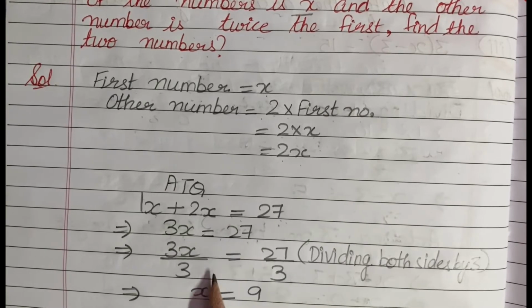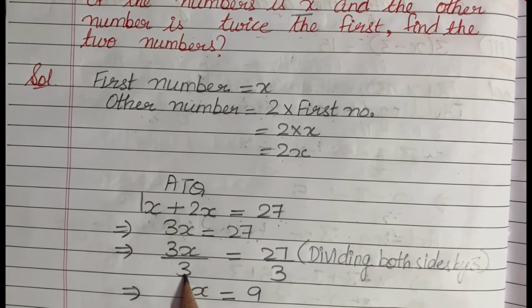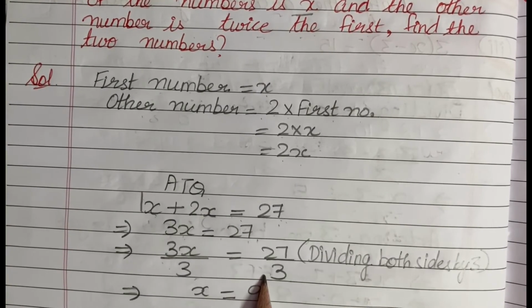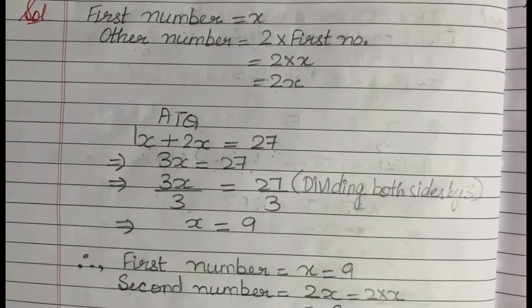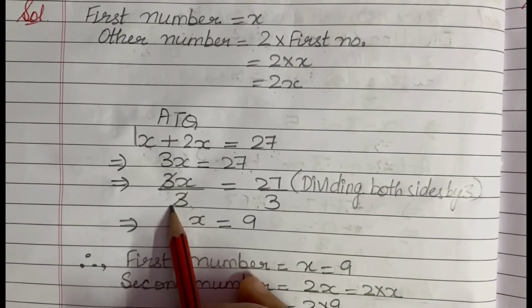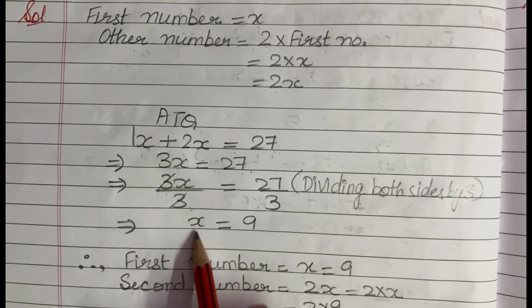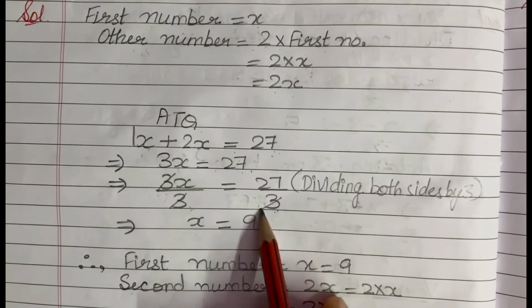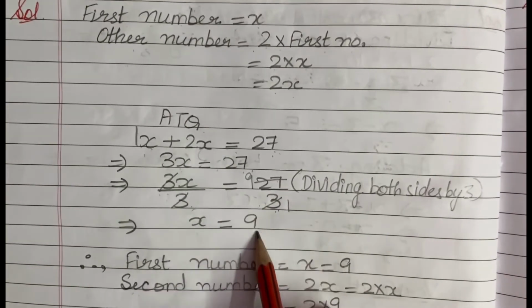Now in order to be left with only x on the left side, we have to divide both sides by 3. And on dividing LHS by 3, this 3 and 3 will be cancelled out and x will be left. And in the RHS, on dividing 27 by 3, 3 ones are 3, 3 nines are 27, 9 will be left.